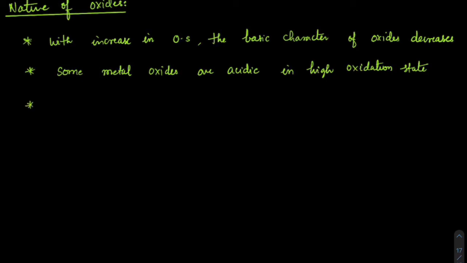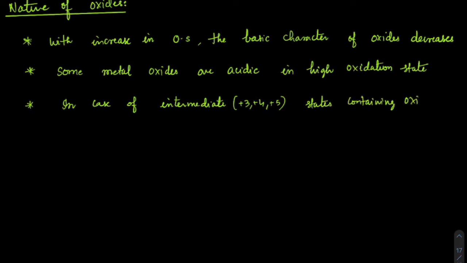And this brings us to the case of intermediate oxidation states, which are mostly +3, +4 and +5. Oxides containing these states are amphoteric. The low oxidation states, which are +1 and +2, are relatively basic.